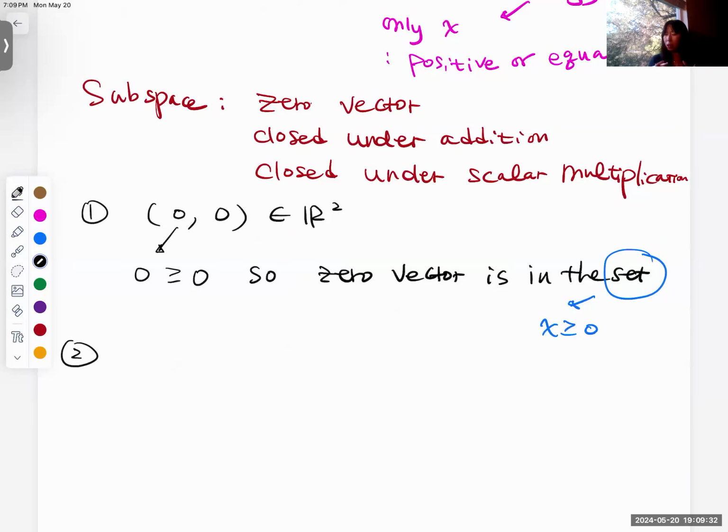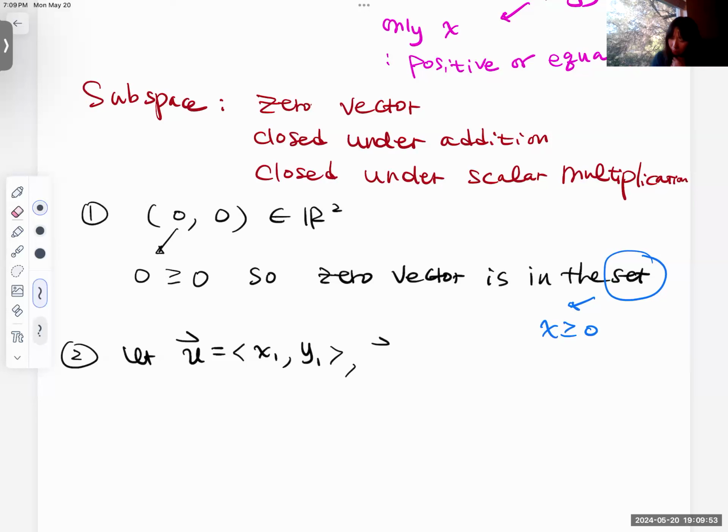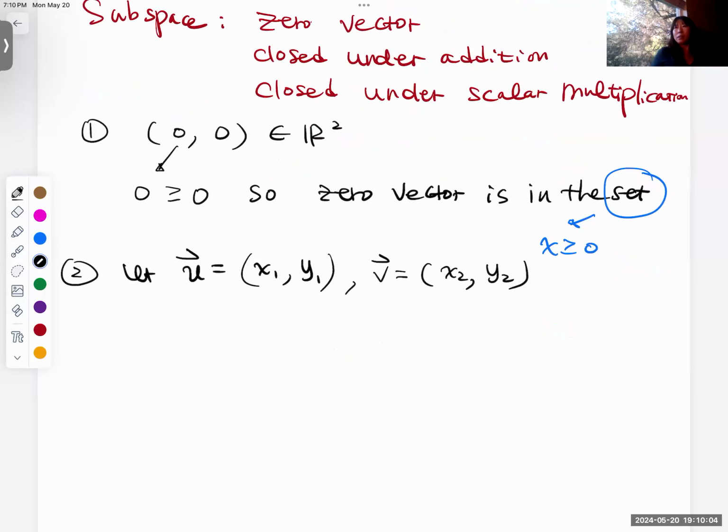All right. Secondly, we need to show closure under addition. So let vector u equal to x sub 1, y sub 1, vector notation, or just ordered pair. And v equal to the ordered pair x sub 2, y sub 2. Okay.